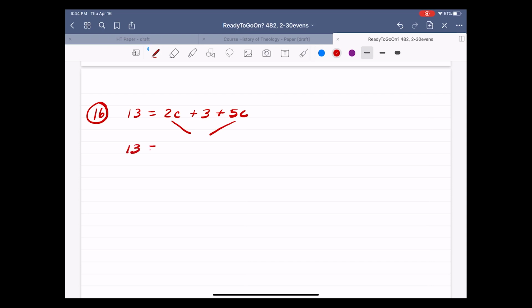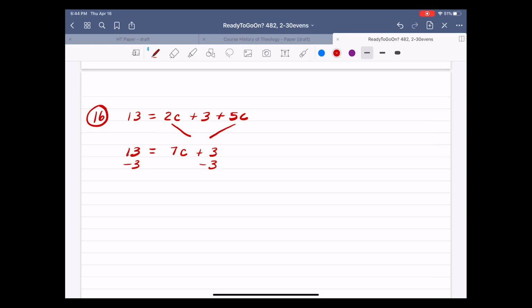So we have 13 equals 2c plus 5c gives us 7c plus 3. Get rid of the plus 3 by saying minus 3. If I subtract 3 from the right, I've got to subtract 3 from the left. And I'm left with 13 minus 3 is 10 equals 7c.